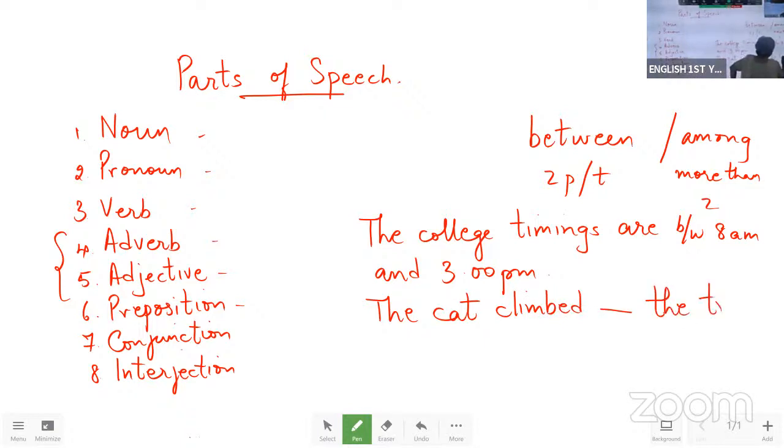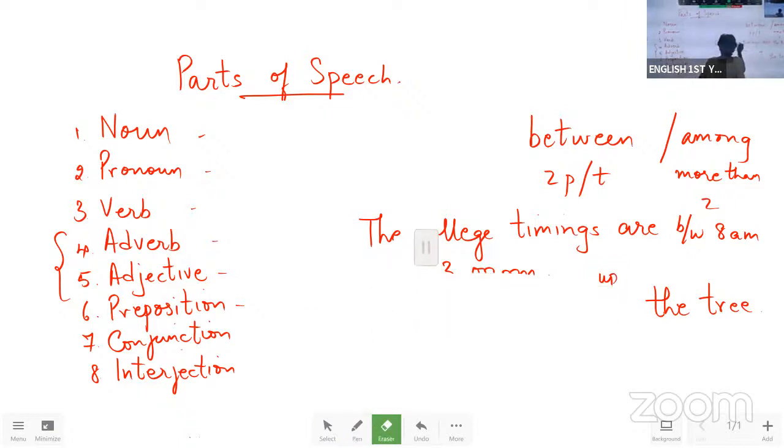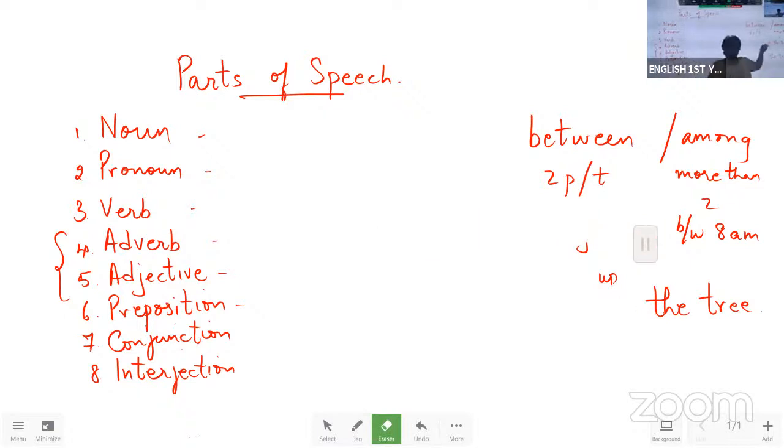There are many instances where children have written the answer as on the tree. But it is wrong. It is not on, but up the tree. Next, the difference between beside and besides.